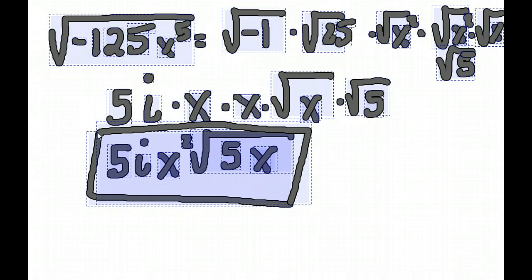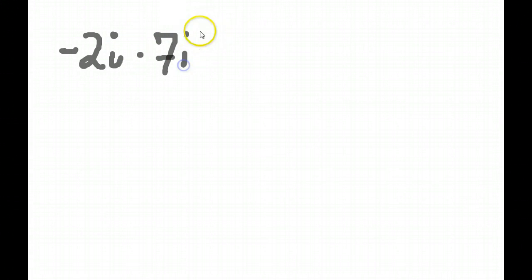Okay, now let's talk about multiplying pure imaginary numbers. If we have something like negative 2i times 7i, it's like multiplying constants and variables. You multiply your numbers. So we have negative 2 times 7 is negative 14 times i squared.